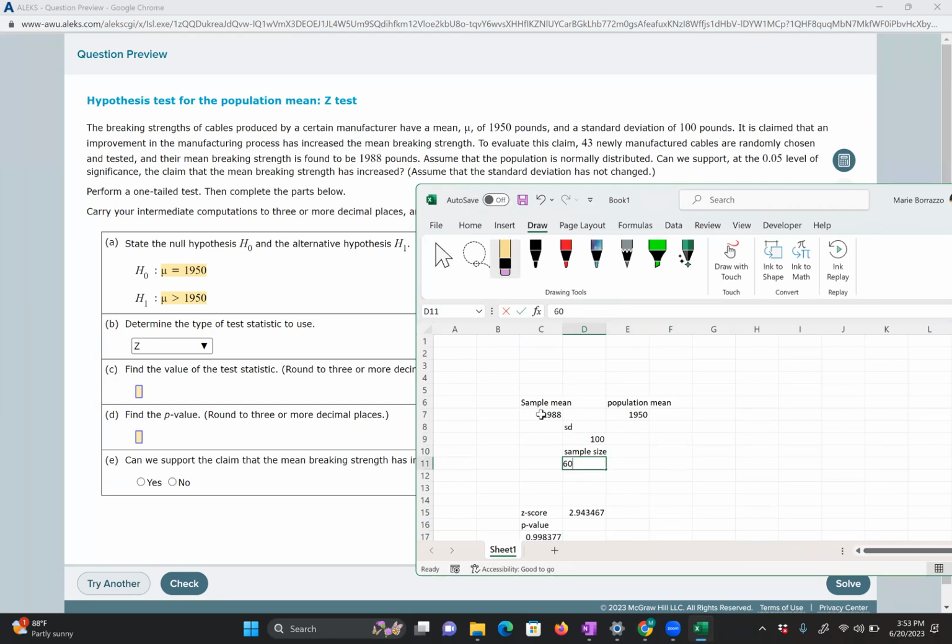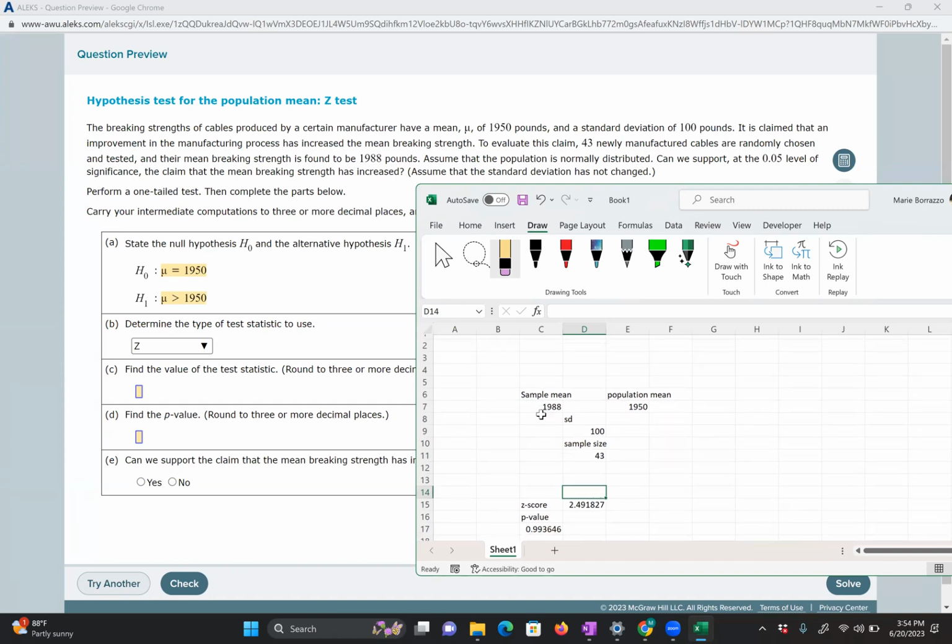Sample size of 43. Okay, and there's your z-score. So you should have 2.49, and your p-value should be 0.99. So I'm going to go ahead and I'm going to try this on my calculator first as well. Just being a little paranoid.